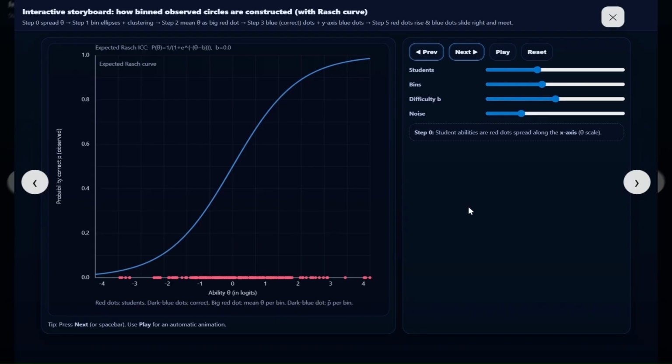What does it mean to say that our data, our test, is fitting to the Rasch model? It means that for students of an ability group, say one logit, if the Rasch model says that the expected probability of solving that question is, for example, one third, then the observed probability, which is the proportion of all of these students who will solve this question right, will be exactly also one third.